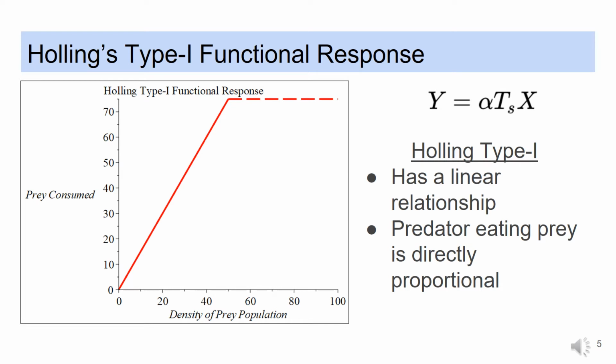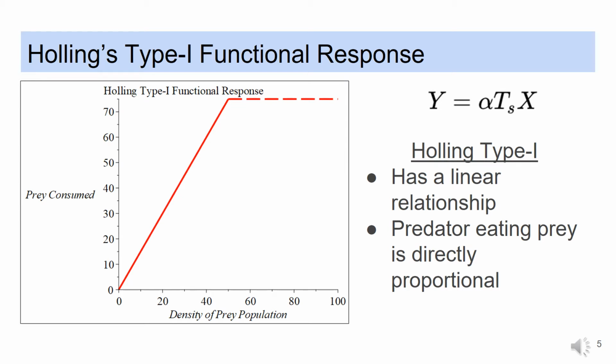Before introducing the model, I would like to give a background on the Holling Type 1 and Type 2 functional responses. These functional responses are able to model different types of predator and prey populations. However, this is different to a predator and prey model that we're used to seeing.